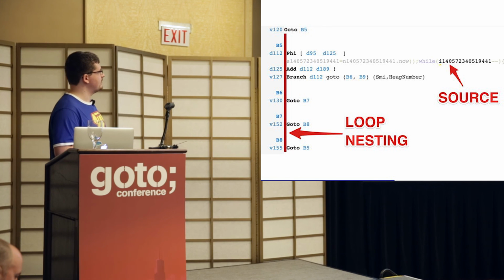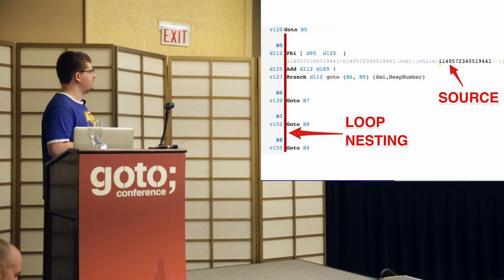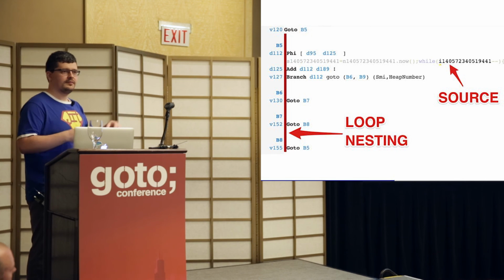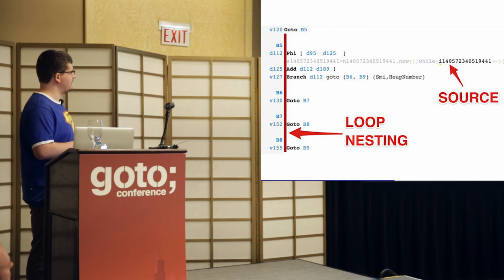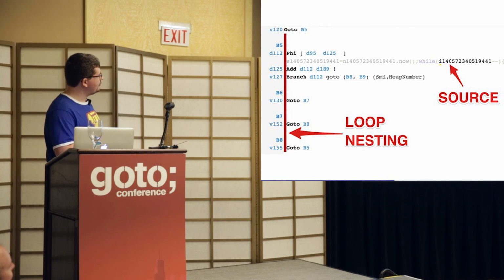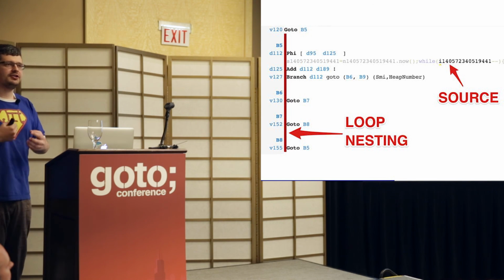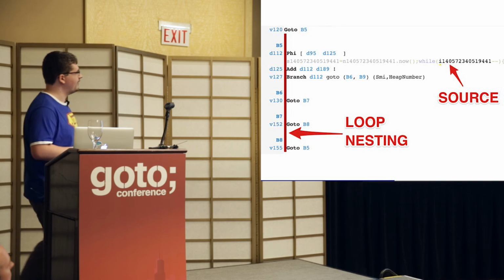So for example, here you can see there is a loop variable decrement, and this is an addition operation there. And then there is branch, which is not a lunch and breakfast combined together, but a GOTO instruction, essentially. And what you can see here is there is also this red line, which signifies the loop nesting. So it's very easy to find where the action is going on in this benchmark.